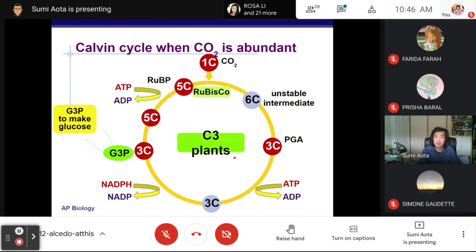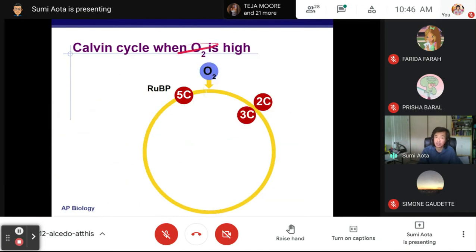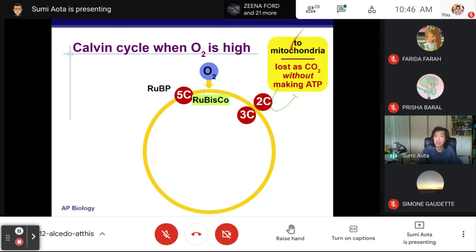And that's why we have C3 plants. The problem in a C3 plant is that if oxygen levels are high, O2 combines with Rubisco and a 5-carbon product to make a 3-carbon and a 2-carbon molecule. The 2-carbon molecule goes to the mitochondria where CO2 is lost but no ATP is made, so there's energy loss here.